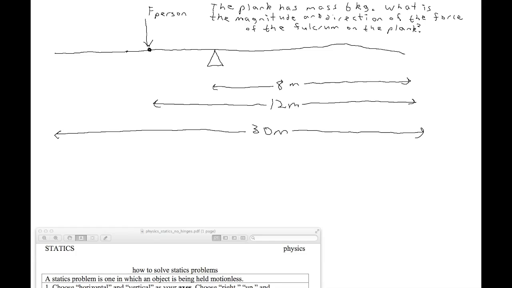Okay. Tell me when you have this written down. Okay, so the plank has mass 6. What is the magnitude and direction of the force of the fulcrum on the plank?